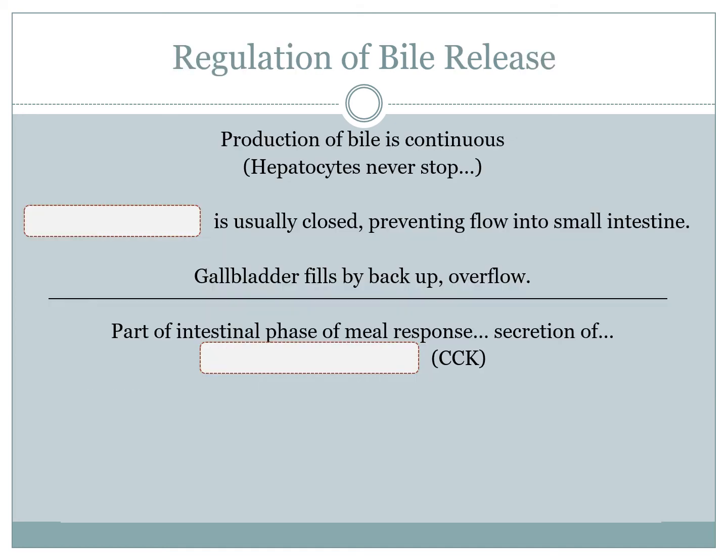Next. Okay, now we've learned how the bile is made, what it's made of, and the route it takes to the ampulla of Vater just before it's released into the small intestine to help with digestion. Now, the production is continuous. The hepatocytes never stop making bile, so there's a bit of a backup.